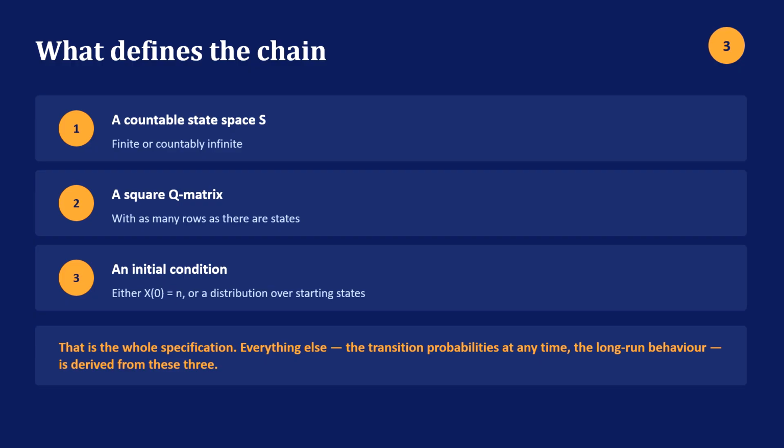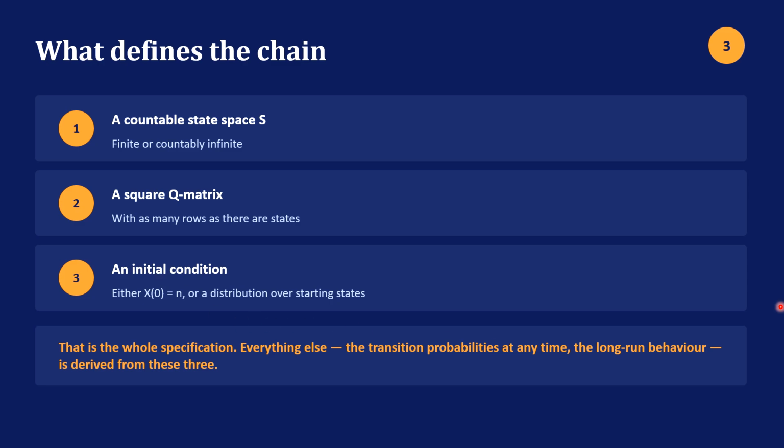So a continuous time Markov chain is completely characterized by three things, which I have listed here. A countable state space, which may be finite or countably infinite, a square matrix Q with one row and column per state, and an initial condition, either a specific starting state or a probability distribution over starting states if you don't know exactly where the Markov chain begins.